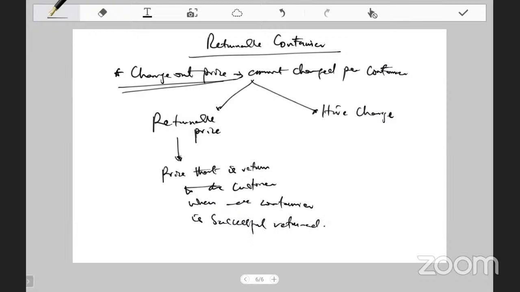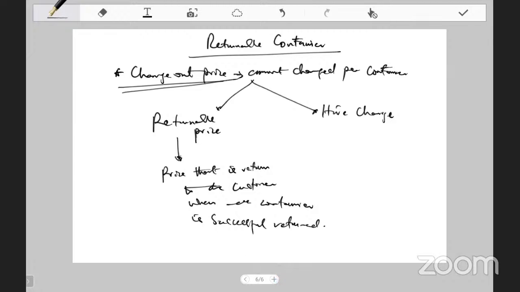I have my reason for saying that. If you buy the drink from the woman and decide not to return the bottle, you are not collecting your returnable price, so the money becomes that of the owner. Hire charge price is the amount that the owner of the container earns when the container is returned successfully. So that is it.